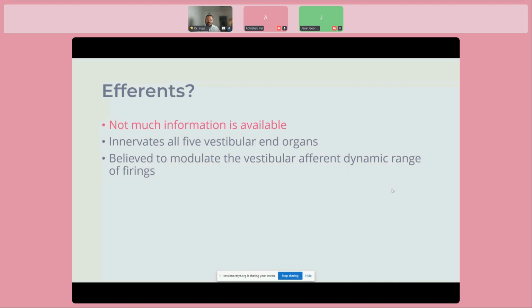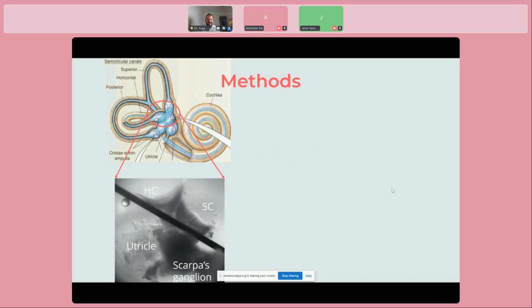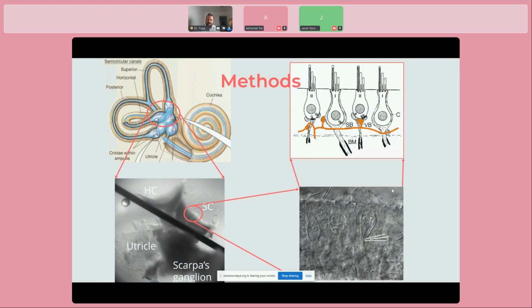That being said, what exactly do we have? I'm going to be very quick here. I haven't talked about efferents. I'm pretty sure that none of you know anything about efferents, because we know very little about them. But fortunately, that was my area of interest. The good news is that we found a medication in animals. It's not a suppressant.